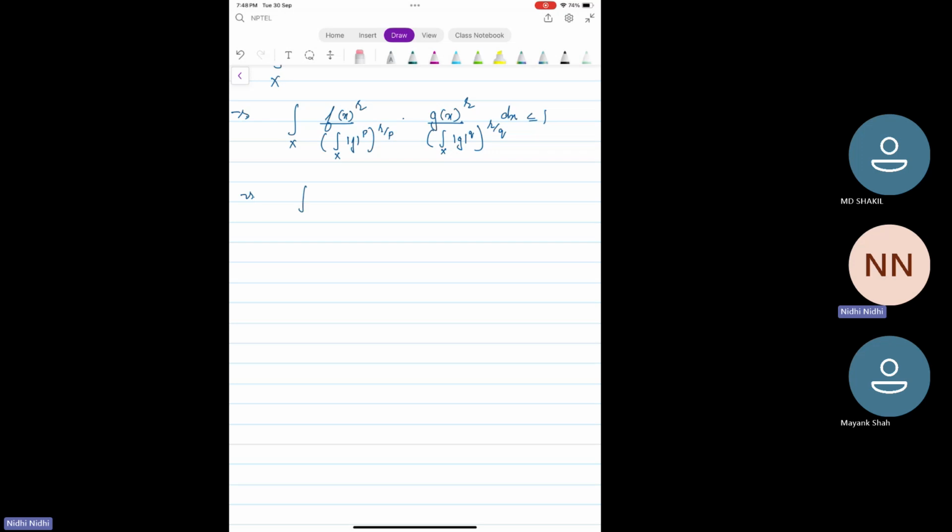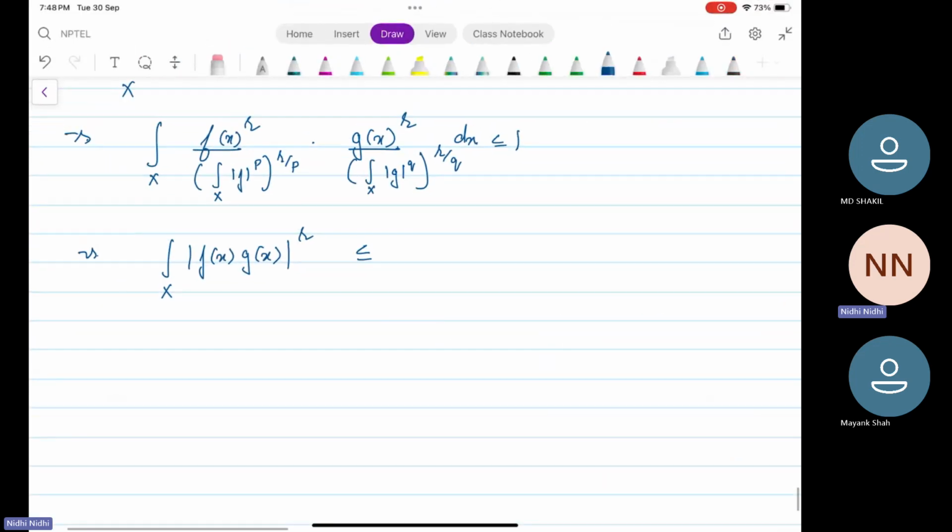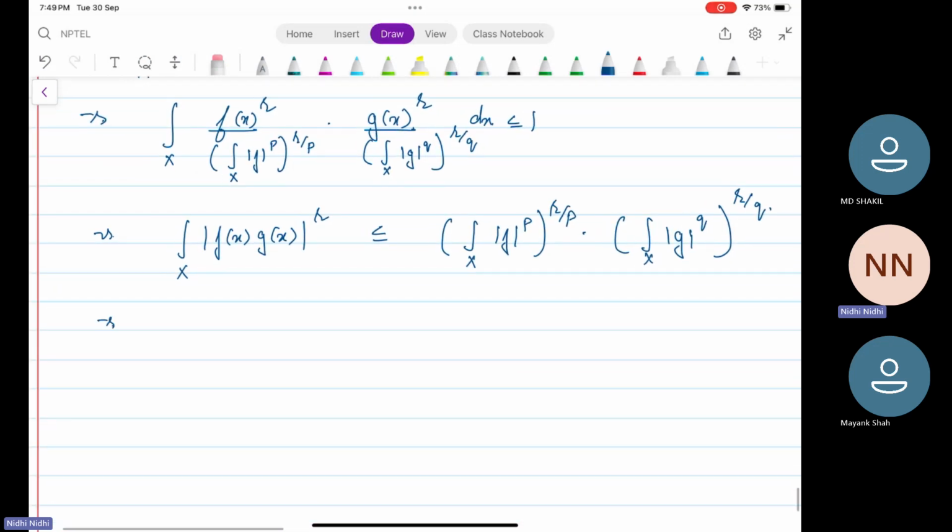So eventually this will be f(x) g(x). Since this is positive, I can take this modulus. This is less than or equal to... yeah, that's what we wanted to show.